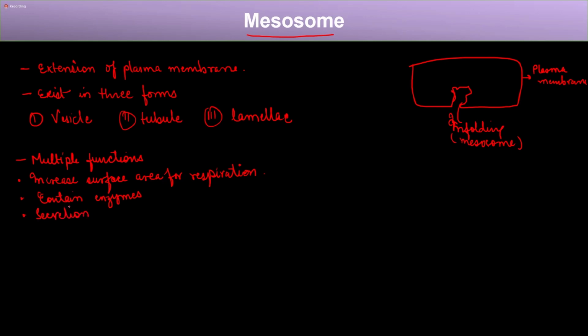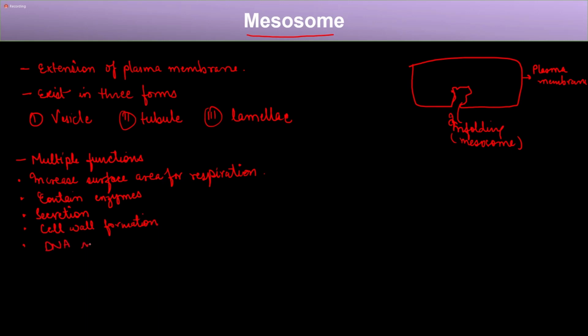So if a cell wants to secrete or send something out of its body, the mesosomes help in these secretions. Fourth, it also contains enzymes that are responsible for cell wall formation. So mesosomes also help in cell wall formation. And apart from this, it also helps in DNA replication.